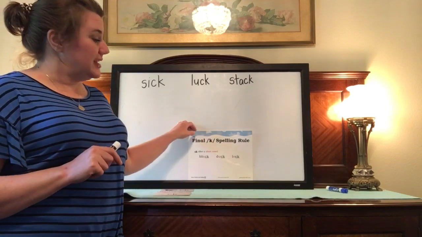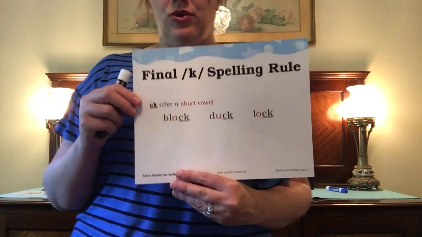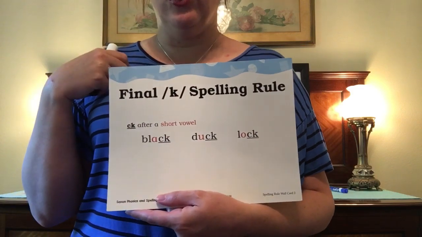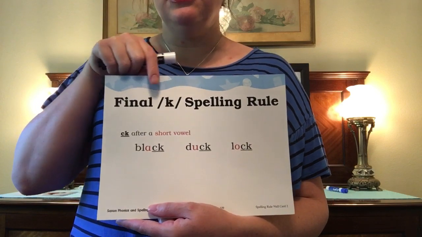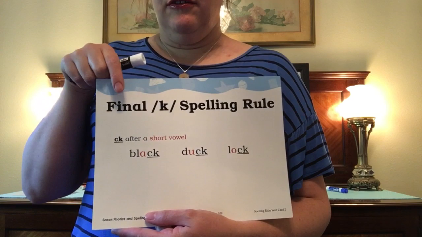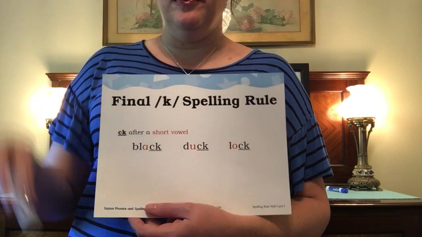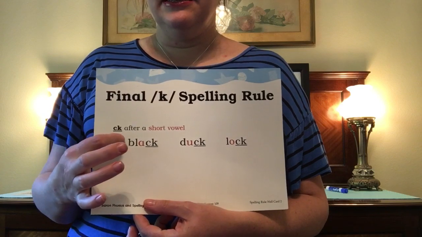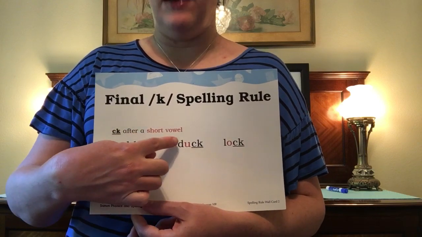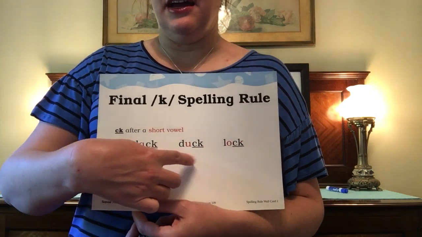Now, I said that, and that's true, but it's not completely true because there's a little bit more to this rule. So let's look at our rule card. Final k spelling rule, which tells us CK after a short vowel, like in black, duck, and lock.